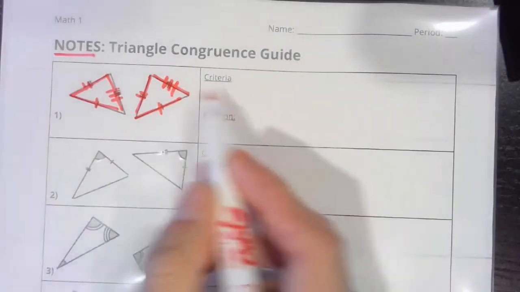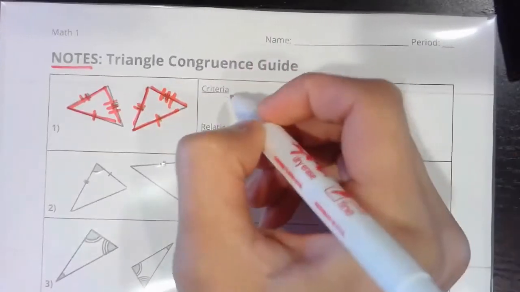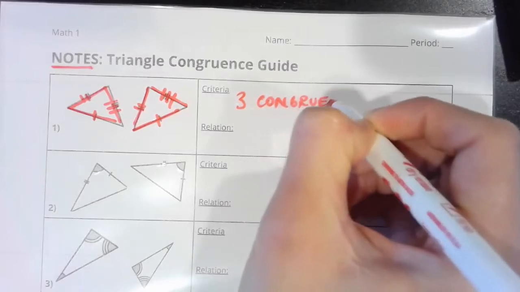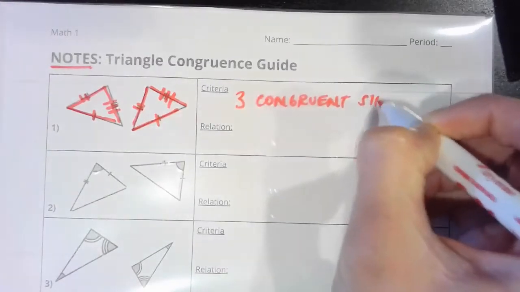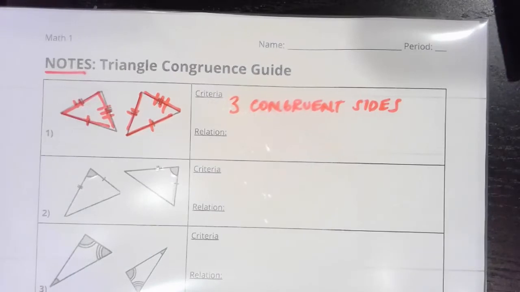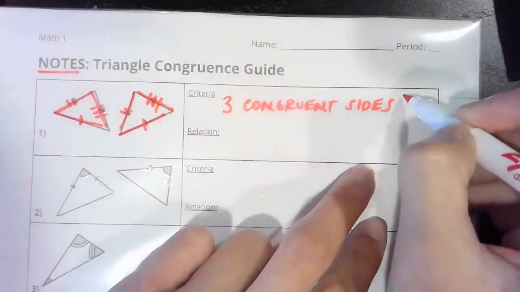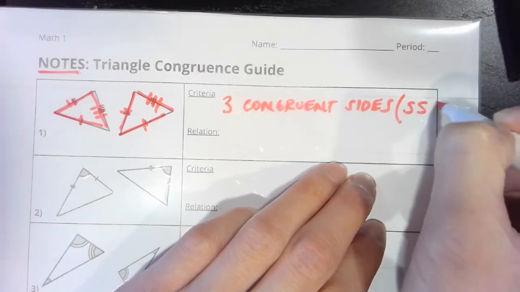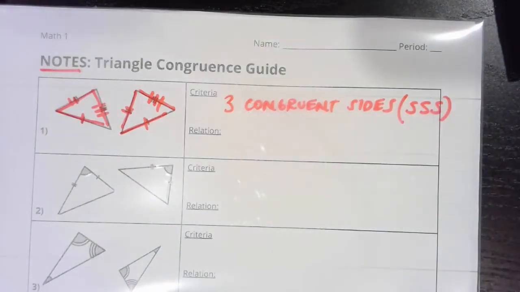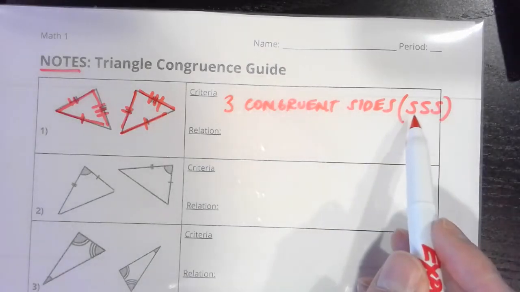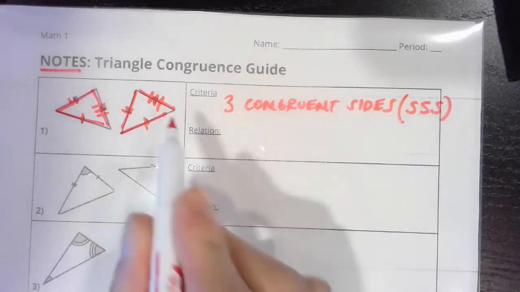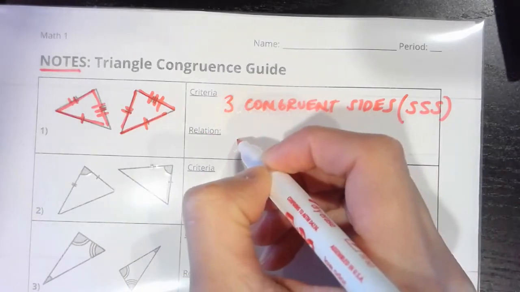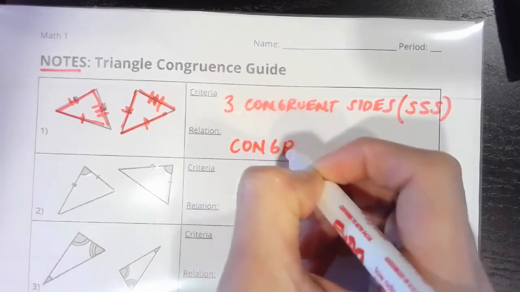So the criteria between these 2 triangles is they share 3 congruent sides. The shorthand for this is side, side, side. When that's the case, we can conclude that the 2 triangles are congruent.